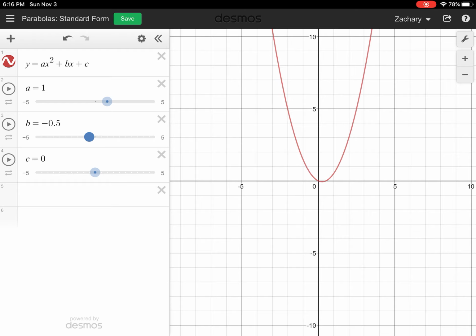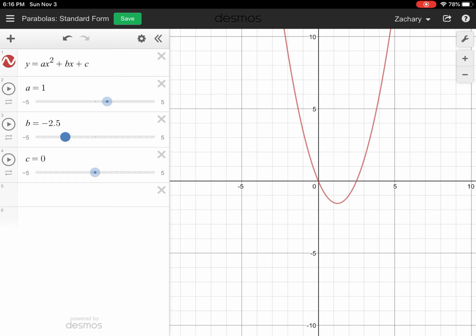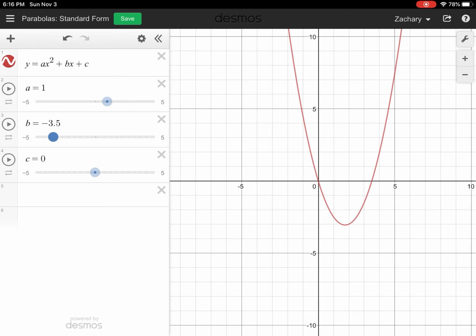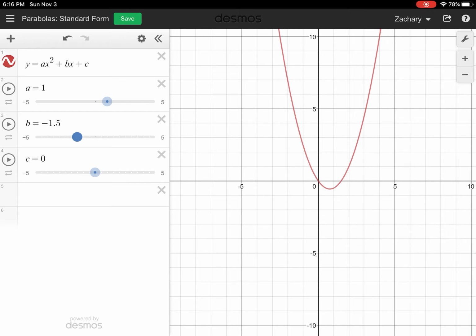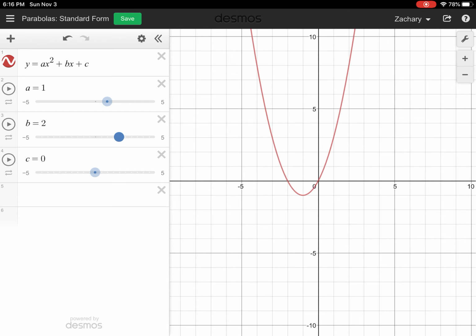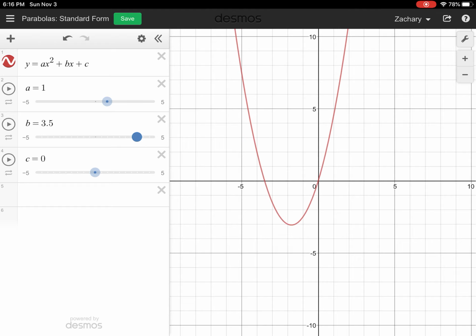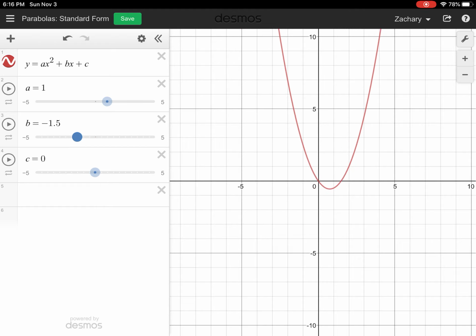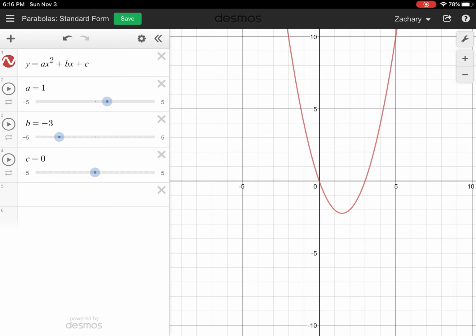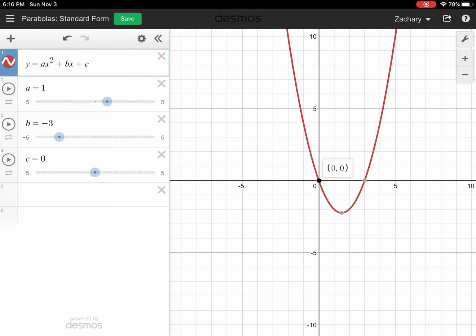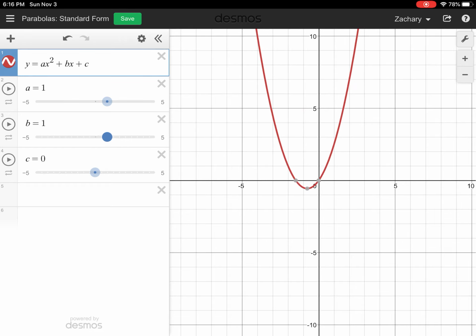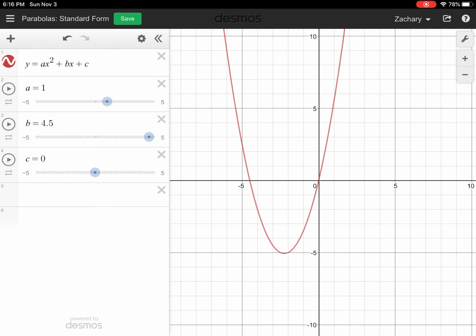And when the b value gets negative, notice how it's moving right and down, okay? Notice how every time I change this b value, the y-intercept is staying the same. Do you notice that? This point right here, this y value, is always staying the same. No matter where the graph is, the y value is always the same.